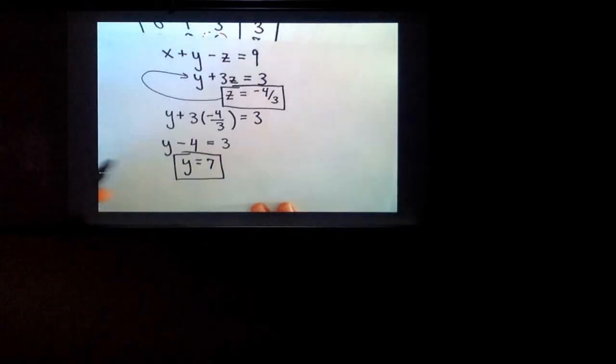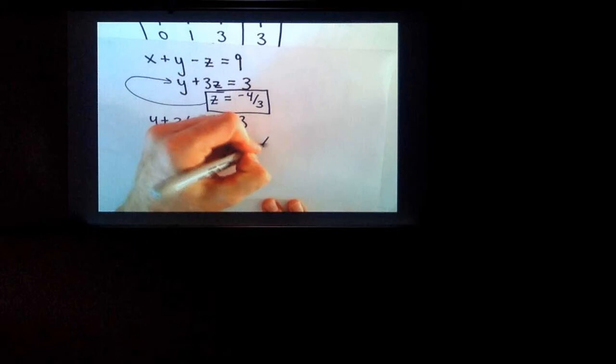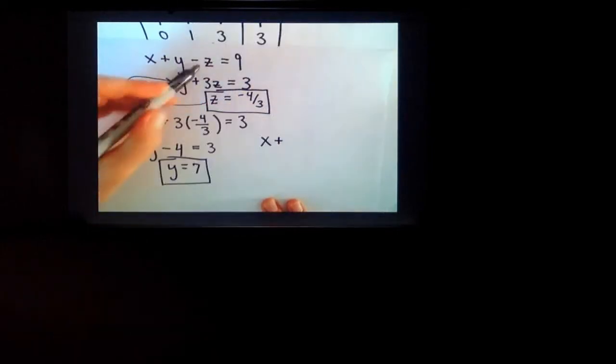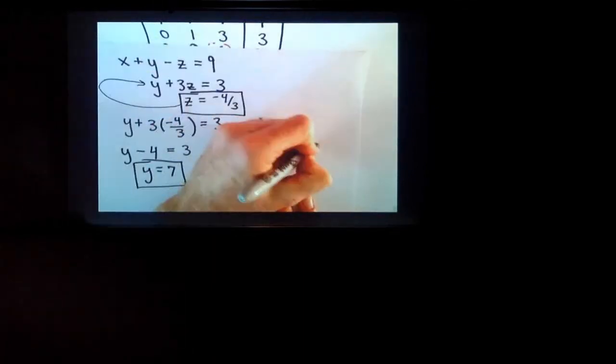Okay, so now I'm going to take these two values and simply put those back into our first equation. So give me an x plus y equals 7 minus the value of z, which is negative 4/3. And that's going to equal positive 9.